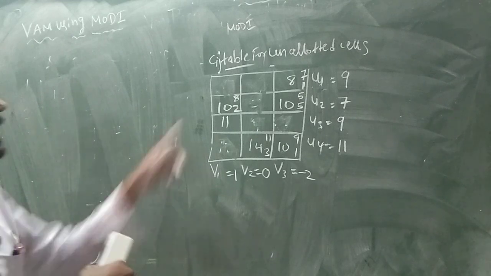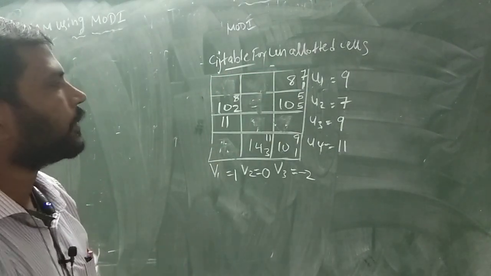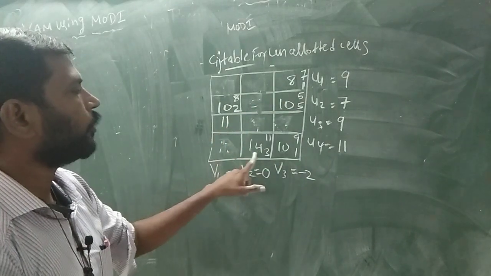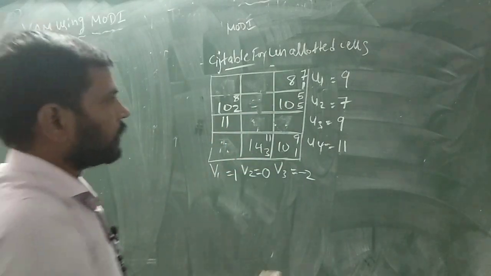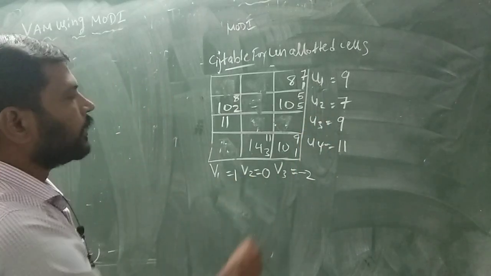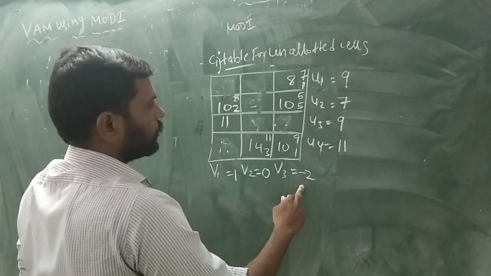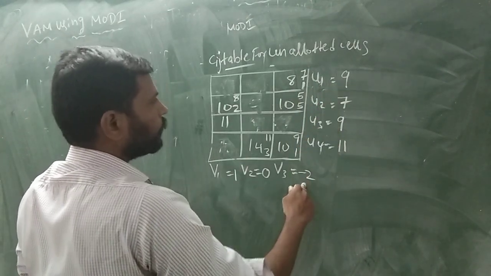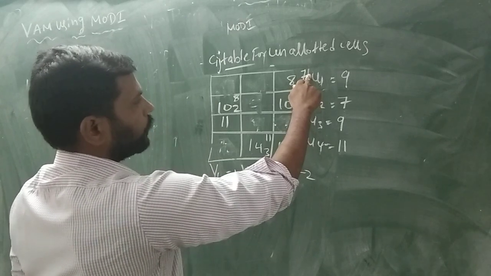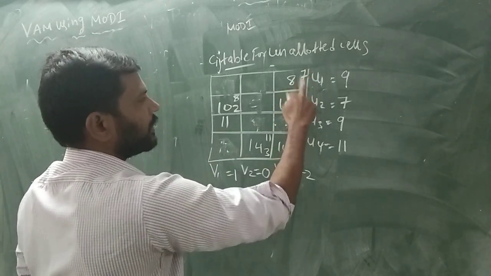So again I repeat the Cij table for unallotted cells. Take the unallotted costs 8, 10, 10, 11, 14, 10. After that the same values U1, U2, U3, U4, V1, V2, V3. First I take this 8, the outer value is 9 minus 2, I add this 2, so 7. After putting 7, I subtract 8 minus 7, which is 1.